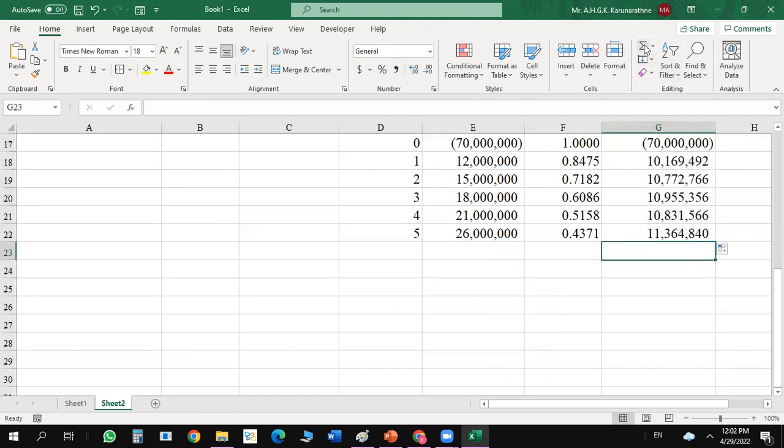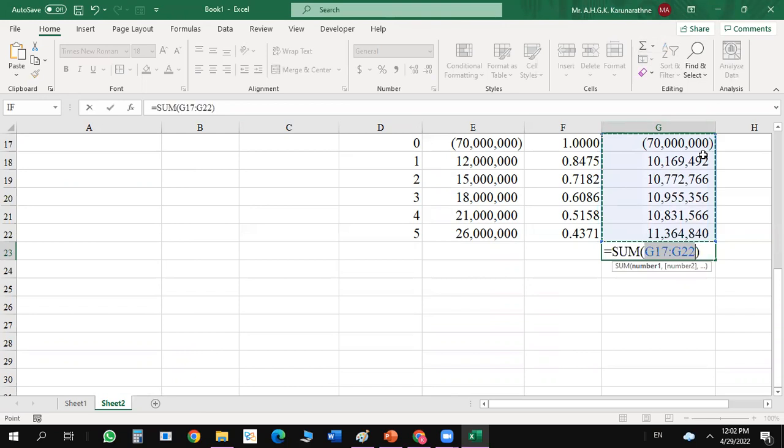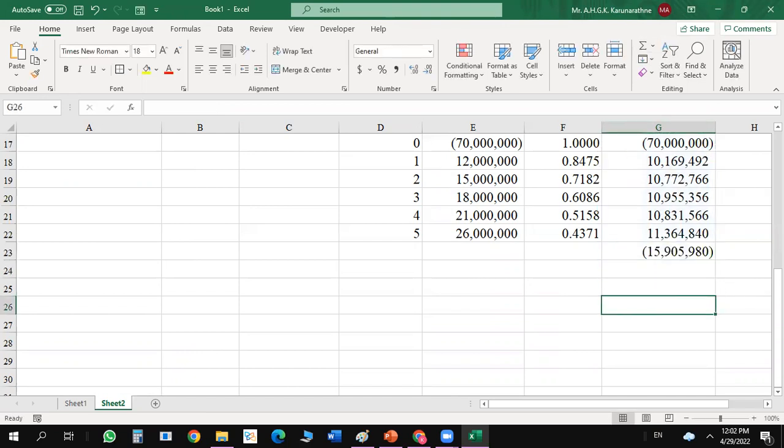So this NPV is subject to the firm's cost of capital. It is minus, right?